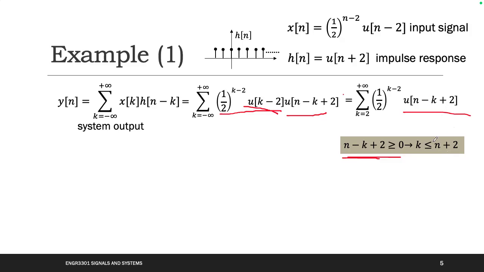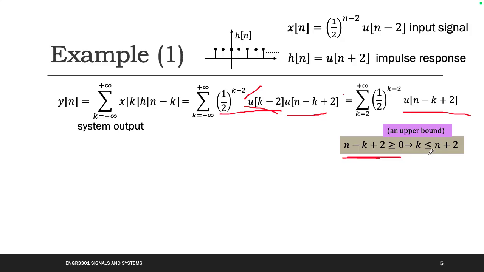Am I right? So here we know k should be greater than or equal to 2, and smaller than n plus 2. That makes sense to you? From this atom, we know k should be greater than or equal to 2. And from this equation, we know k should be smaller than or equal to n plus 2. Which means this is an upper bound.